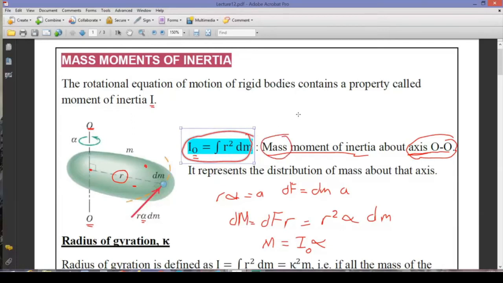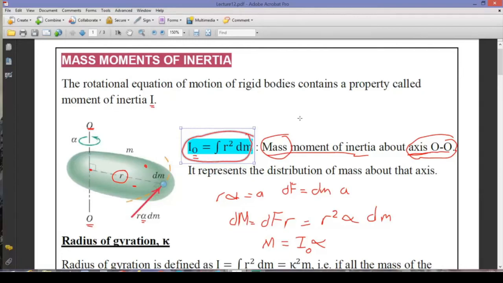Actually, you kind of remember this as we already talked about the first moment about the mass center, right? The first moment about the mass center of a rigid body is equal to 0, right? Do you guys remember that? Now, this is the second moment, the second mass moment about the mass center. It's not going to be equal to 0.